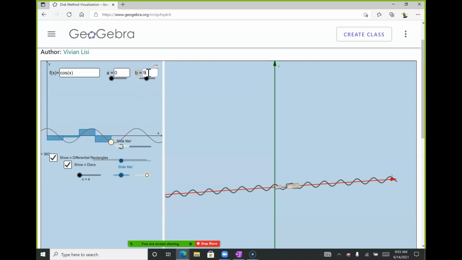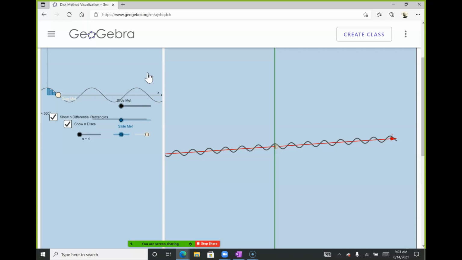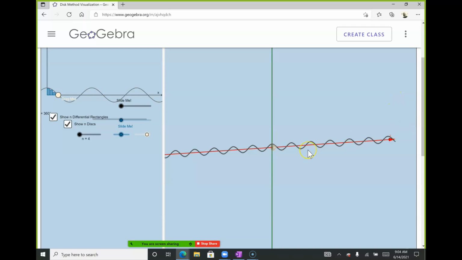And I'm hoping she'll take pi over 2. Here's the picture of it here, right? Nice. Look at it.